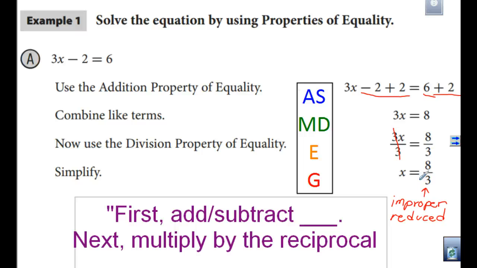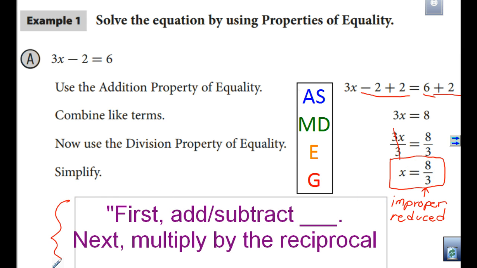You give the units of the question. If it's in a particular unit, like hours, you wouldn't say it took us 8/3 hours to get there. You'd say 2 hours, 40 minutes. You come up with the right units. But when there are no units and it's not a word problem, we can just do a reduced, improper fraction. That's fine. You do not need to convert that to 2 2/3.